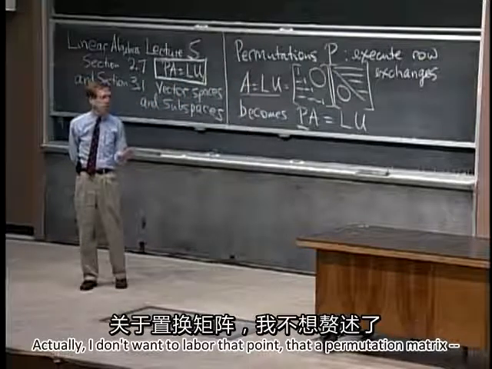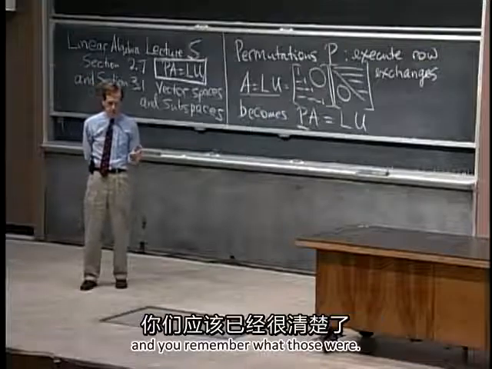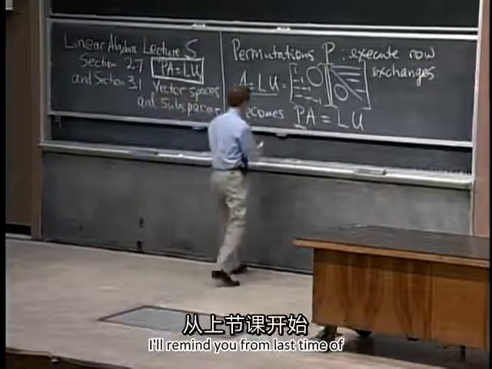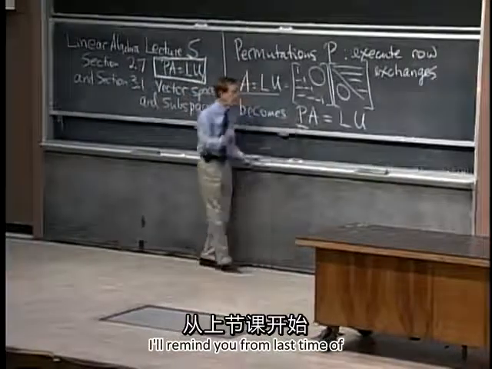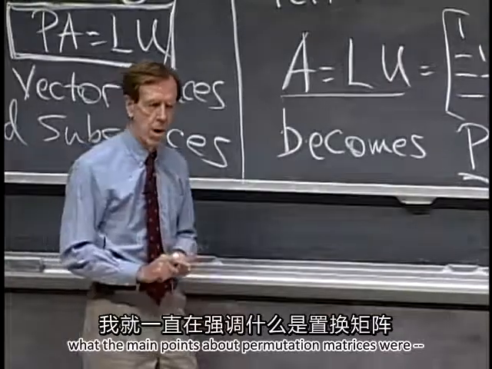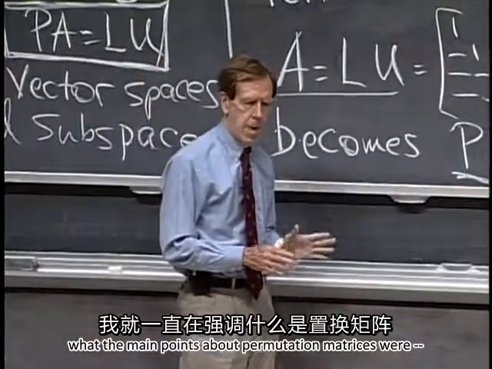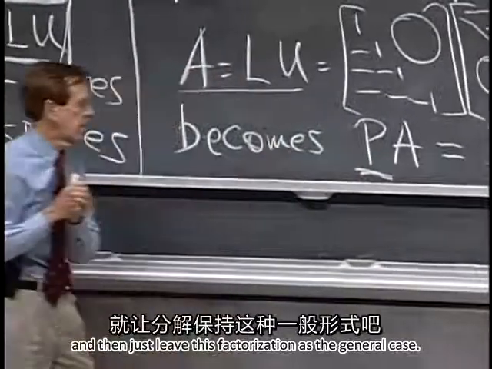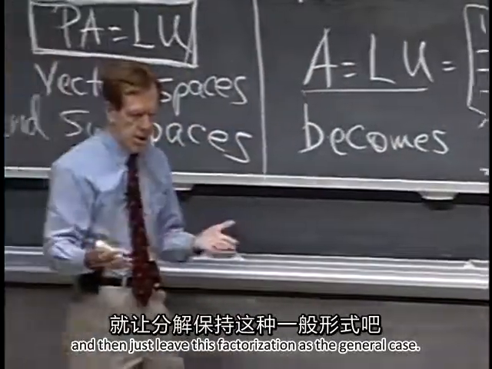Actually, I don't want to labor that point. I'll remind you from last time of what the main points about permutation matrices were, and then just leave this factorization as the general case.